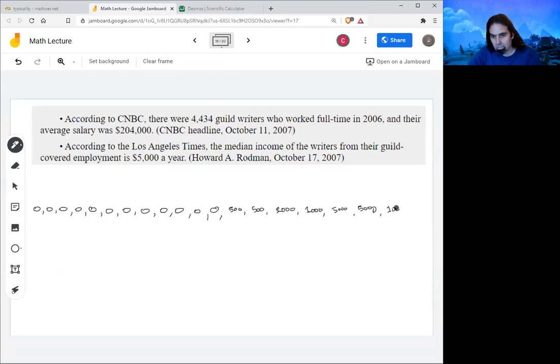Maybe a 10,000, and then 5 million. So this first one was saying, of the ones who worked full time, that would just be these, or maybe even just those, then their average salary was big. When you add up these numbers and divide by how many, this giant number means you'll get something big because the add them up part is so big.